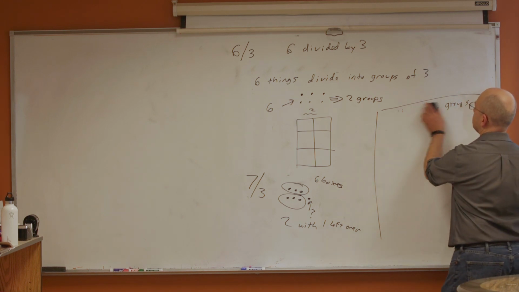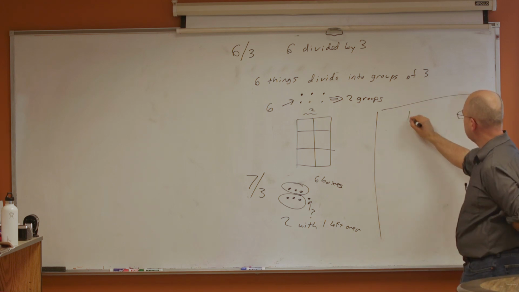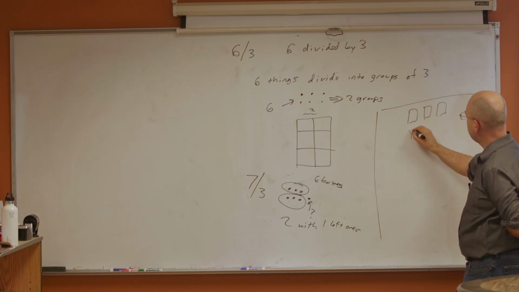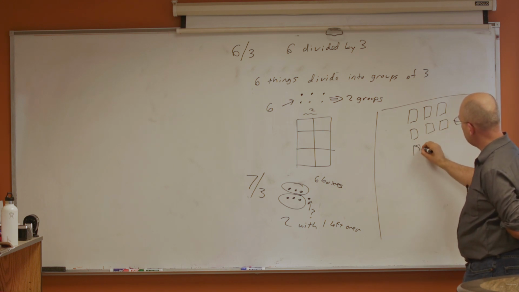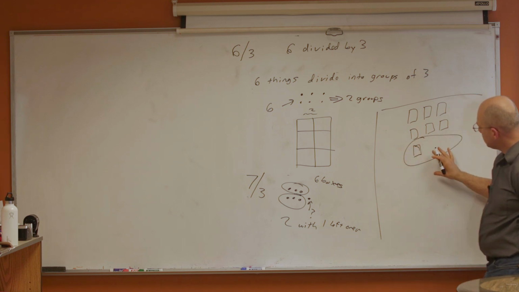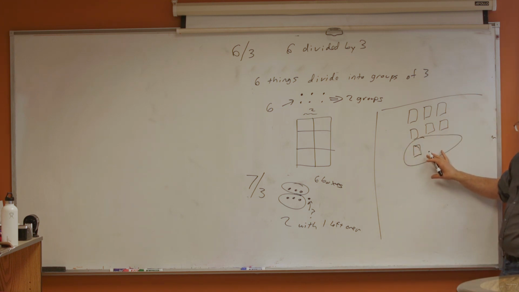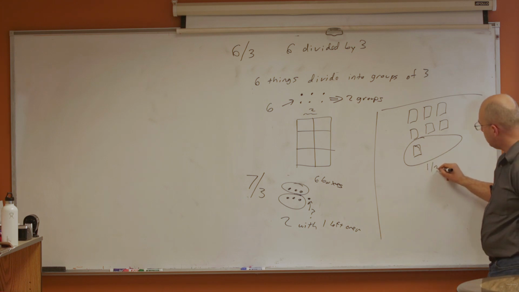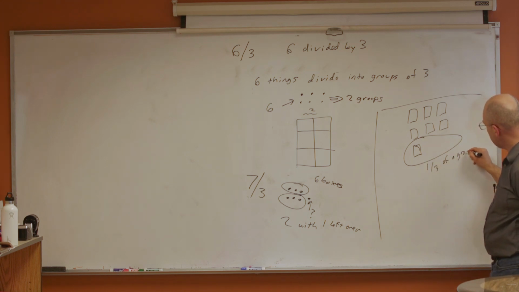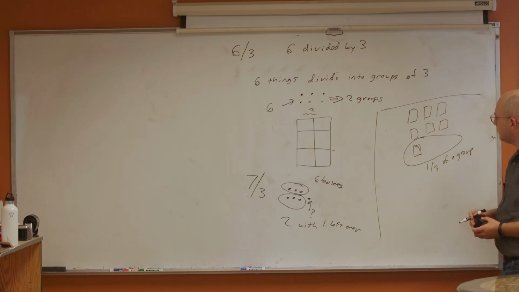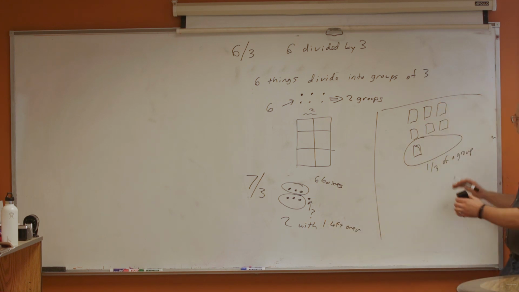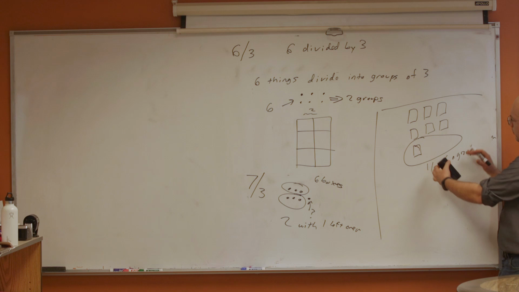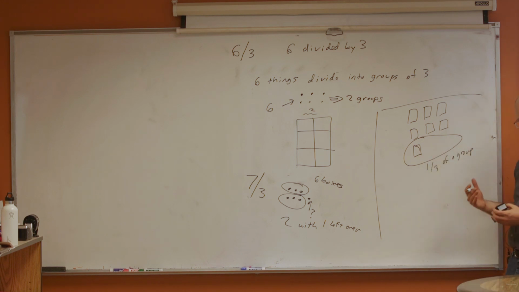This will work. So 1 group of 3, 1 group of 3. And then this isn't a full complete group of 3, but it's sort of a 1/3 of a group. So instead of saying remainder 1, you think more in terms of the group and how much of it is filled. And so that's where the fraction comes from. 1/3 of a group.